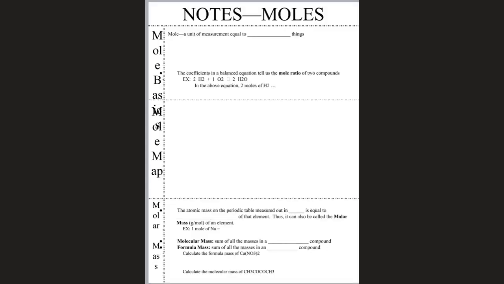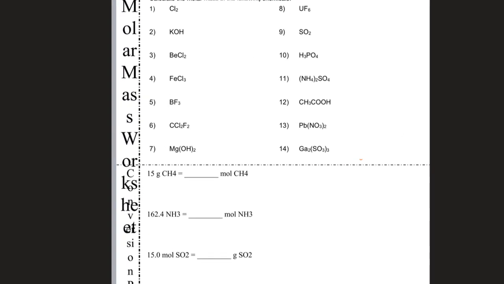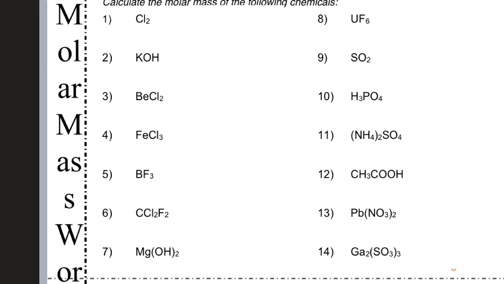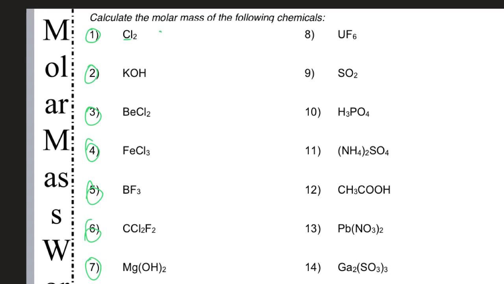Zip back to number 5. There's our homework. So remember the problems that you were assigned are 1 through 7. So the first one is Cl2. So that's going to be chlorine. Let me get a purple here. I have 2 of them.